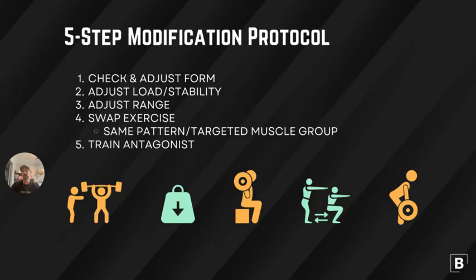Still doesn't work. Now we're going to swap the movement. So we're swapping the exercise, but the key is that we're only swapping to a pattern-based exercise, so we still target the same muscle group or the same movement pattern. In this example, obviously, I have no load and they're doing a body weight squat. But maybe they are going to do a wall sit, because with a wall sit, now we're not moving.